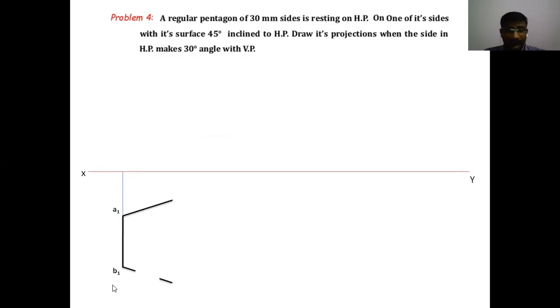Then draw another line from the B1 point, which makes an angle of 108 degrees with A1B1. So with 108 degrees, draw two lines at A1 and B1, and the length of these inclined lines is also equal to A1B1, that is 30 mm.